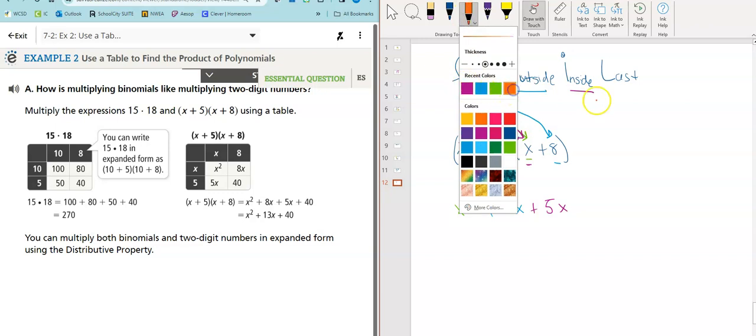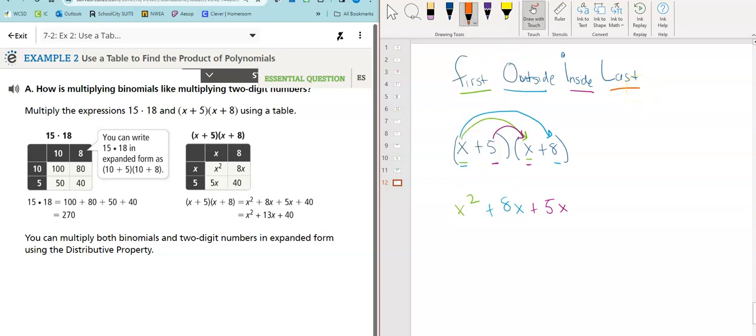First, outside, inside, last. So the things I'm going to do last are going to be the last two numbers in both of these parentheses. So I'm going to do 5 times 8. And that's 40. And you can see we get the exact same expression that we did before. I can now combine the like terms again. Okay, and I'm still going to get x squared plus 13x plus 40.